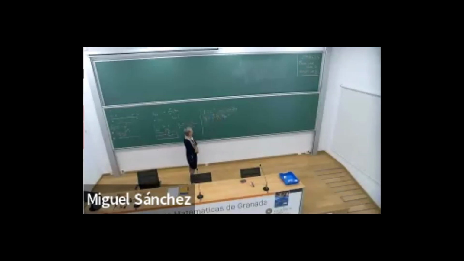So the question is, are there ways to choose these coefficients such that the difference between f and qf is small? And what does small mean? How can we measure this distance?